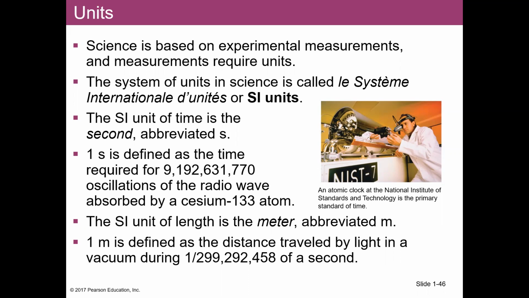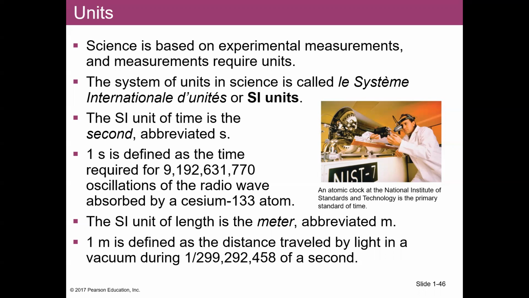Now, where does that specific number come from? Well, that's related to the meter. The SI unit of length is the meter. We abbreviate that m, not mass. The definition of a meter is how far light travels in a second.